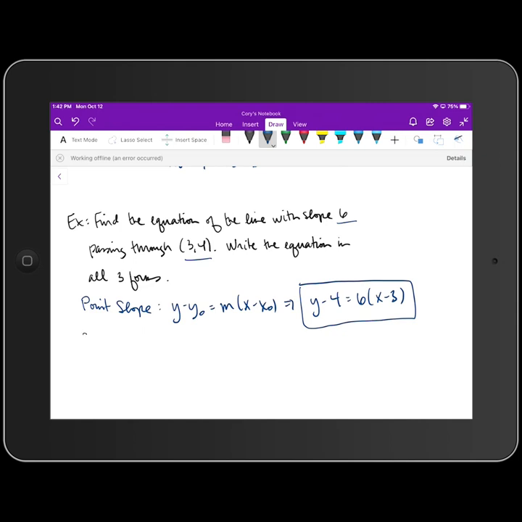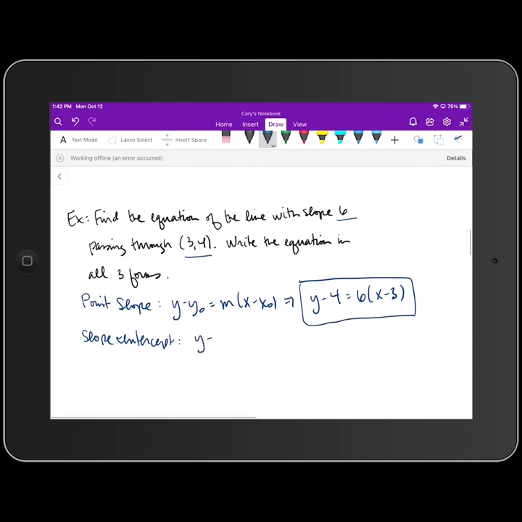Okay, next we're going to do slope-intercept form. So if we want the equation in slope-intercept form, we're going to take the equation in point-slope form and then we're going to isolate y.